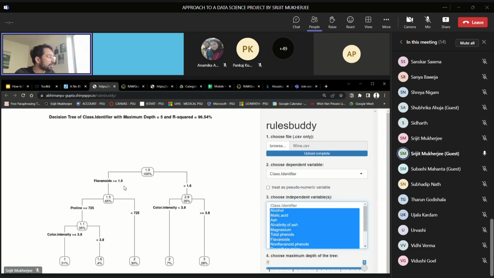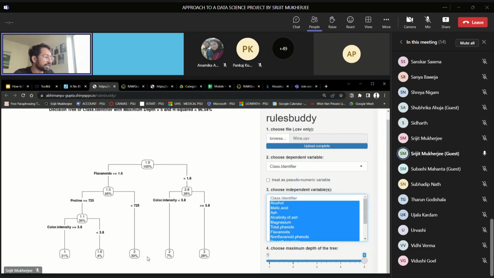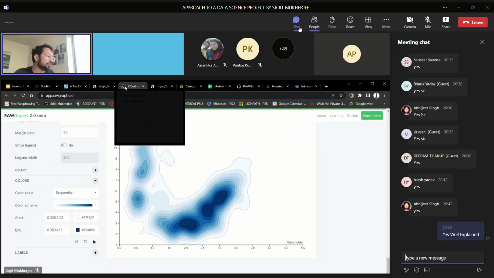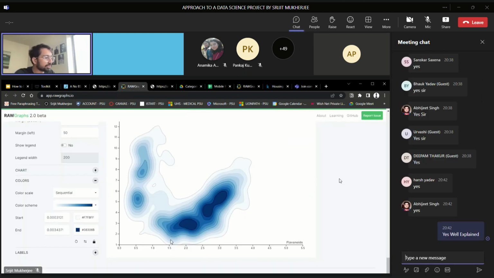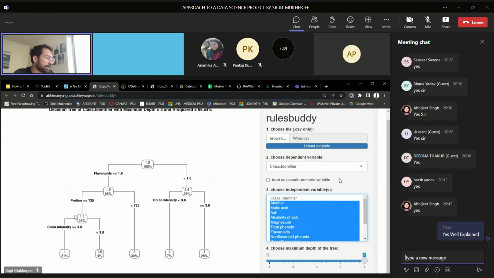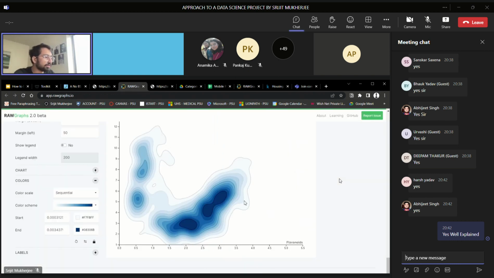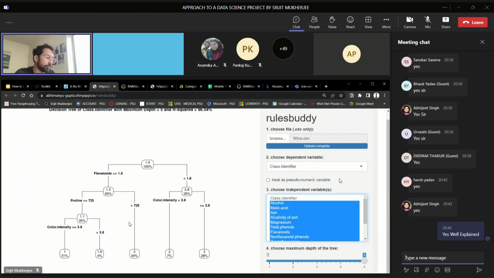Now, if you see the judgment over here, let's take this 1.6. The color intensity less than 3.8 and greater than 3.8, for flavonoids greater than or equal to 1.6. Take the upper part: you can see it's 1. That means this region is 1 and this region is probably 2.